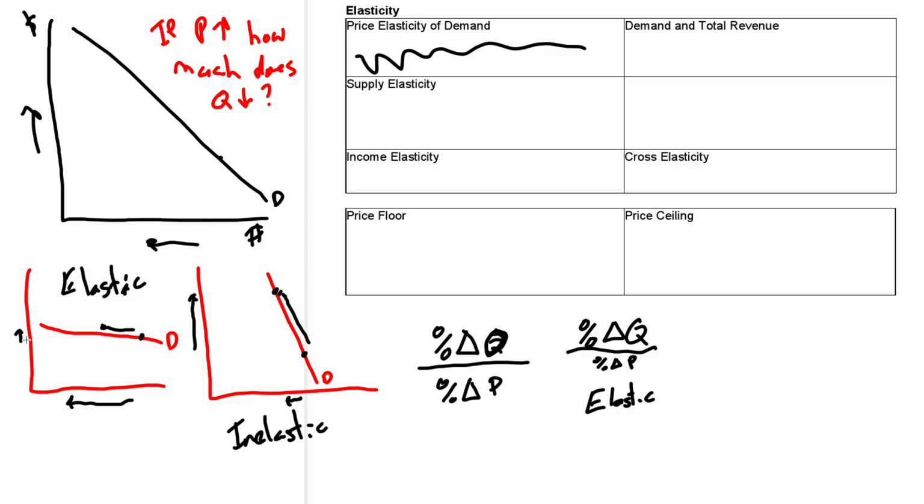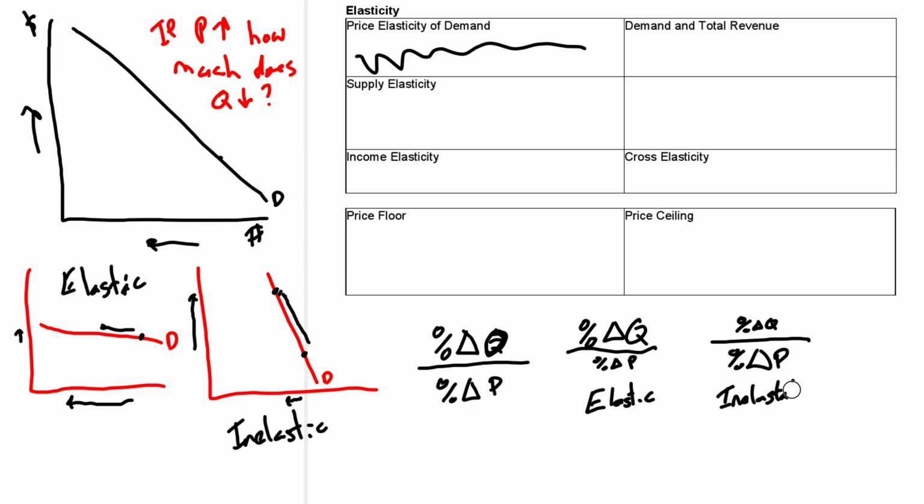So that's what's happening here. We have this little price change and this big quantity change. Everybody bails out just because the price went up a little tiny bit. If it goes the other way, if we have a little tiny change in quantity, even if there's a huge change in price, this is inelastic.